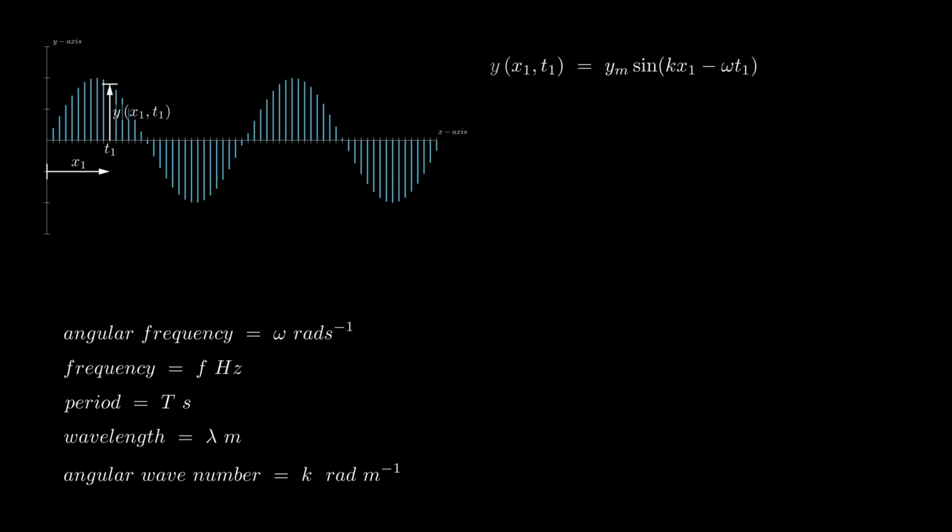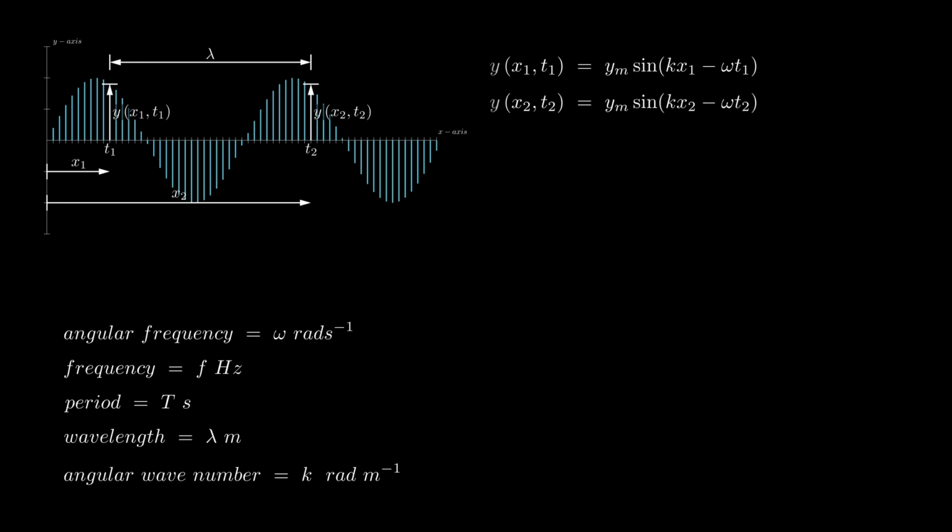We can express the wave equation as demonstrated on the screen, corresponding to the initial position. Next, let's consider a second position at a distance of one wavelength, denoted as lambda, from x1. We can apply the wave equation to this second point, as shown on the screen.